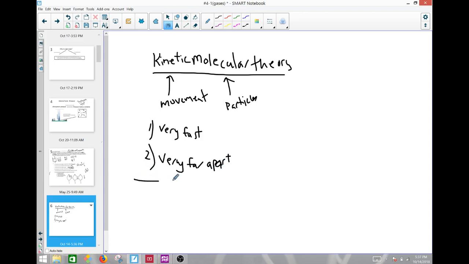These two are the premise for the overall theory that because gas particles are traveling very, very fast and they're very far apart relative to their size, there is little or no attractive or repulsive forces.